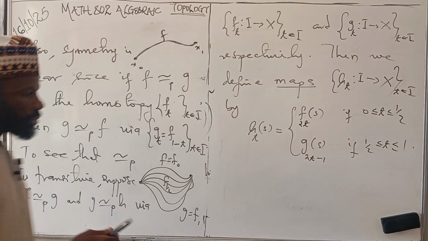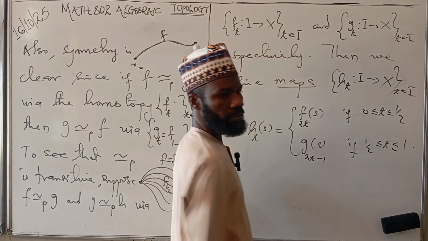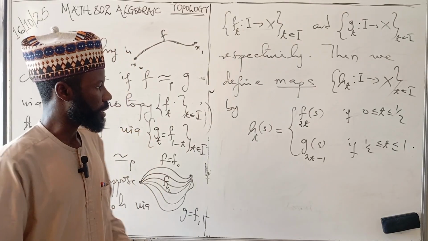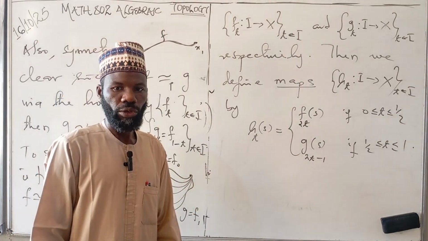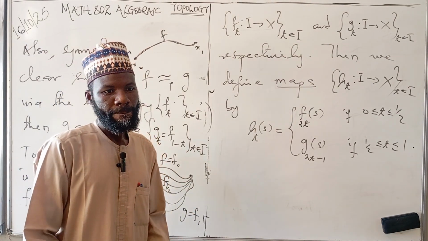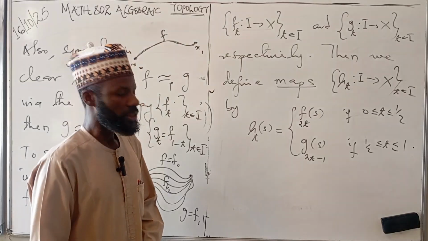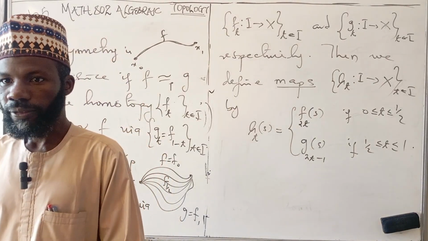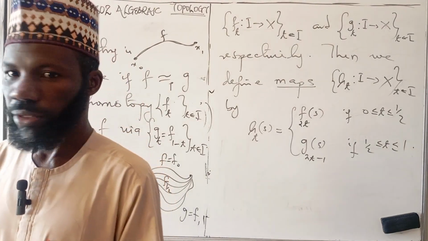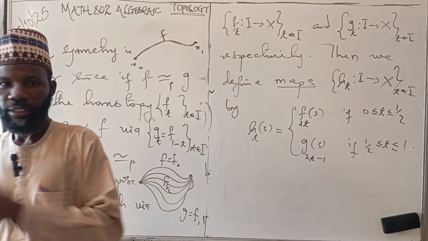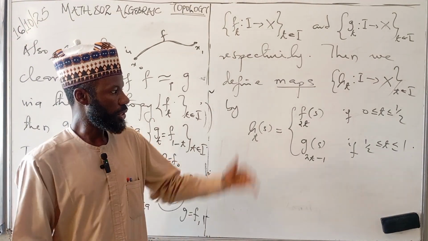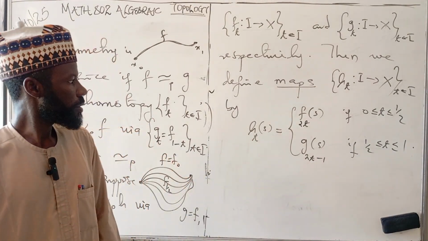Okay, then we have to show that this thing is a path homotopy. So what do we need to do? We have to show that each one of the Ht is a continuous mapping. And first of all, we have to see that it is well defined, continuous, and that the two extra conditions are also satisfied.